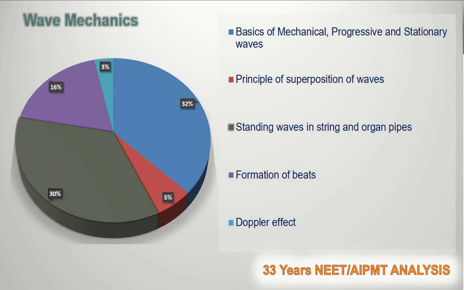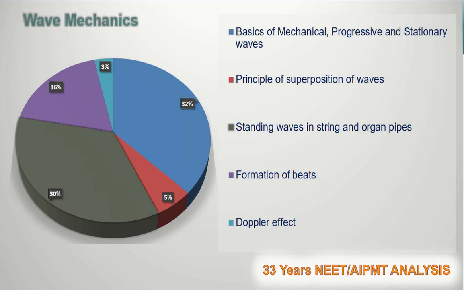The first one is basics of mechanical, progressive and stationary waves. The second one is principle of superposition of waves, the third one is standing waves in string and organ pipes, the fourth one is formation of beats, and the fifth one is Doppler effect.